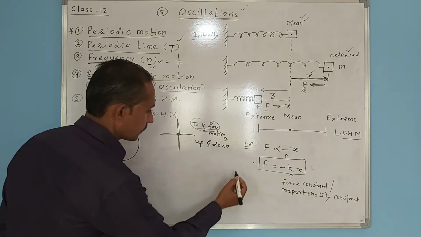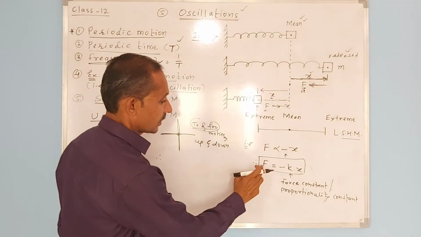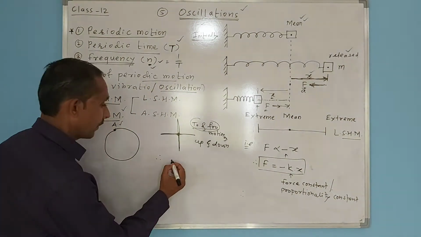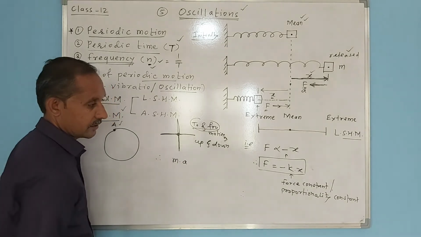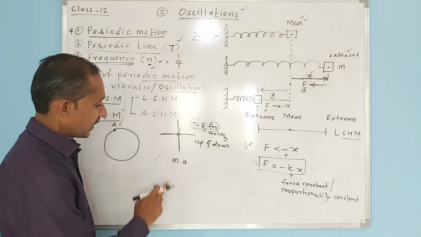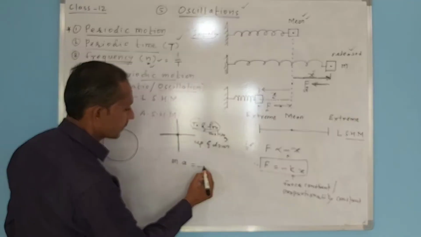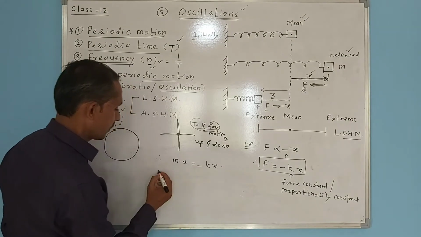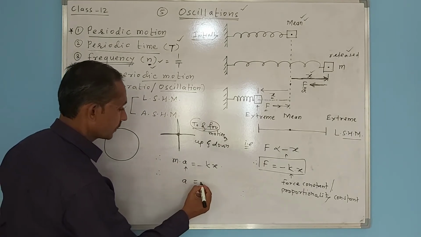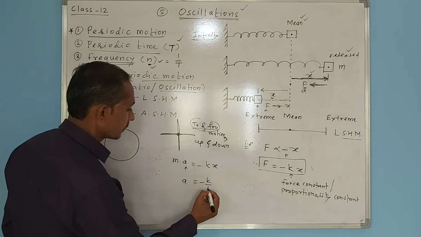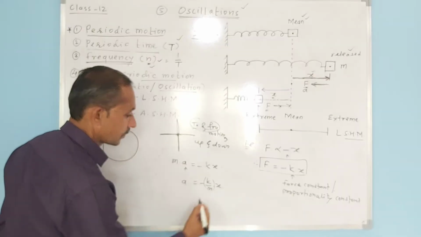So we know this is the force, and force means mass multiplied by acceleration. Instead of force, we can write here mass multiplied by acceleration is equal to minus kx. So therefore, acceleration is equal to minus k by m times x.